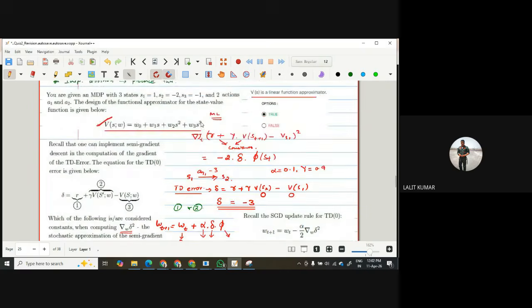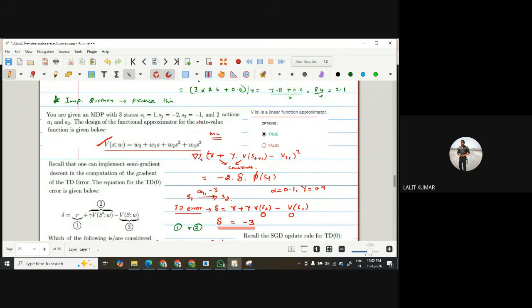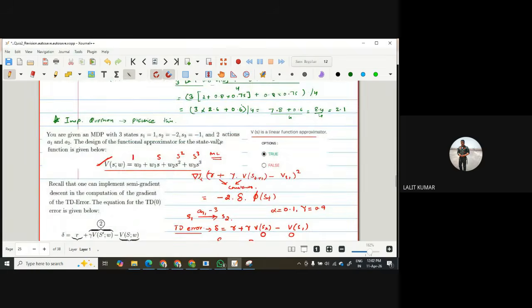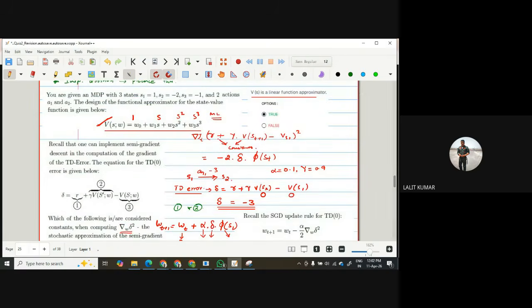Phi is 1, S, S square, S cube, and this phi is with respect to S1. So phi of S1 is 1, S is 1, S square is 1, S cube is 1.